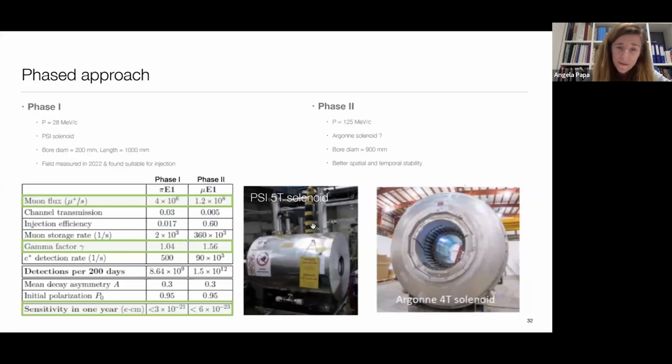One is from PSI, which is abundantly used also for other research, like MEG II, that I'm going to mention very quickly later, and also an offer from Argonne to use the solenoid that they have for this so-called phase 2. And then let's see where we are.